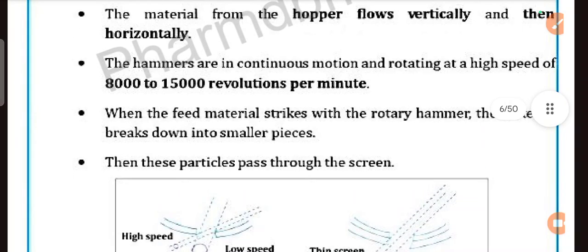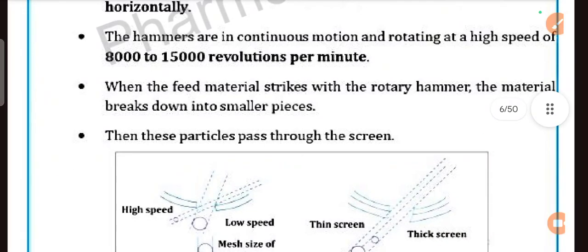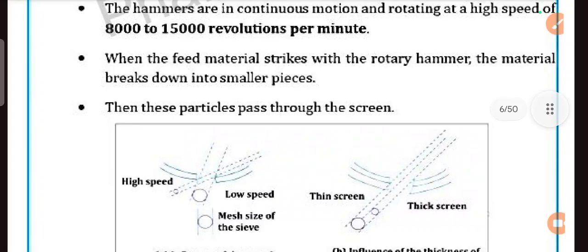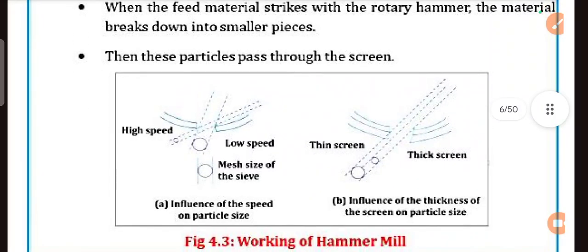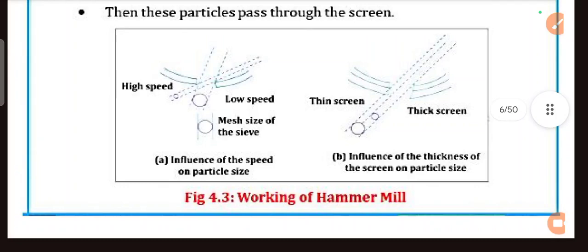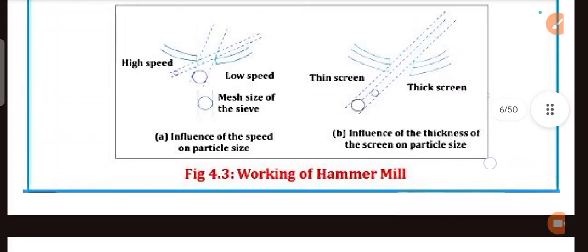When the feed material strikes the rotary hammer, the material breaks down into smaller pieces. Then these particles pass through the screen. High speed, low speed, mesh size of chip, thin screen, thick screen. Influence of the speed on particle size. Influence of thickness of the screen on particle size.